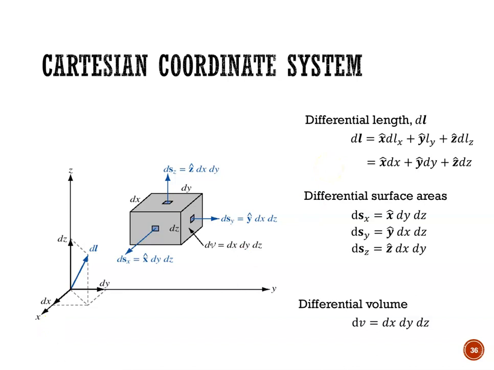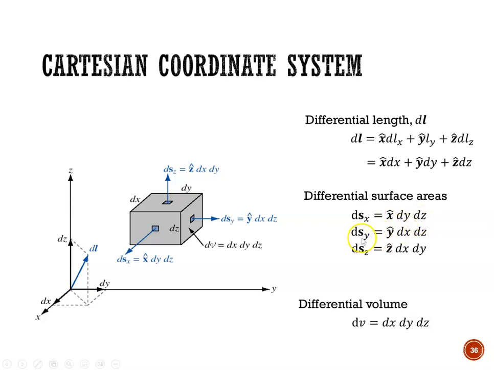So first, the differential length, dl. So dl for Cartesian is equal to x hat dx plus y hat dy plus z hat dz. For the differential surface area, you will have dsx equal to x hat dy dz.